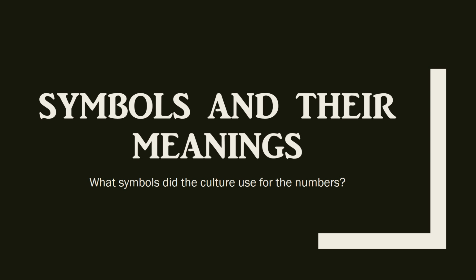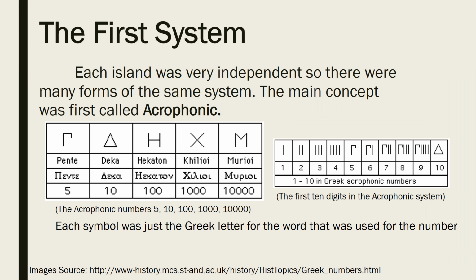So now I'll start going over their actual symbols and what they mean, and how these numbers came about. The first system that became regulated was based off of the first letter that each number was named after.